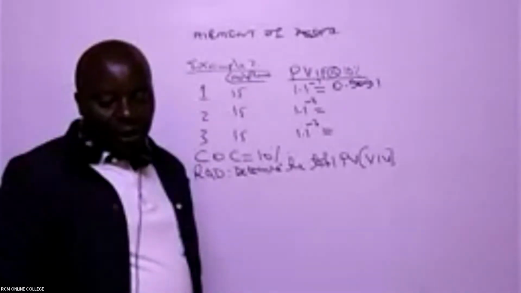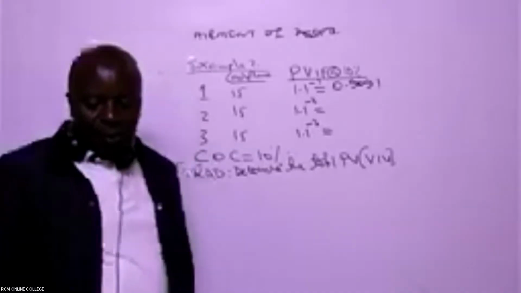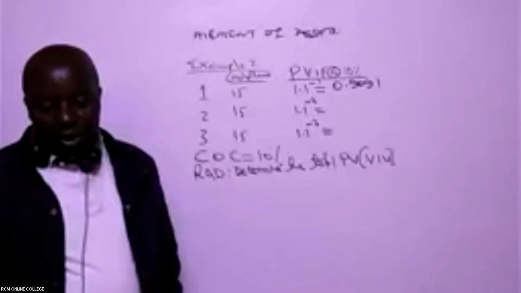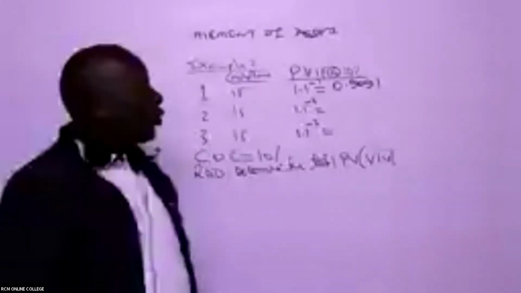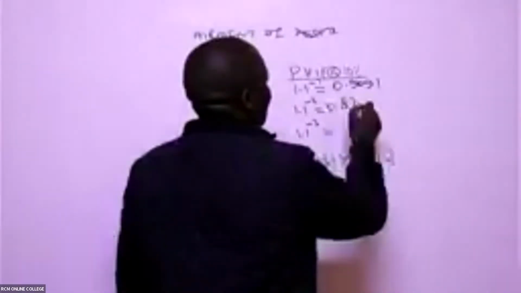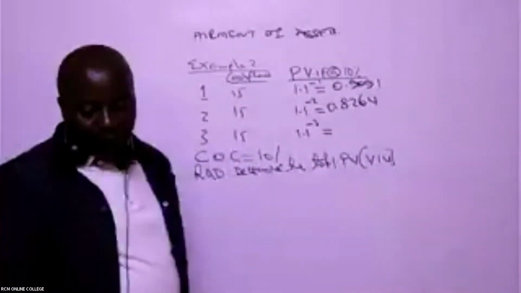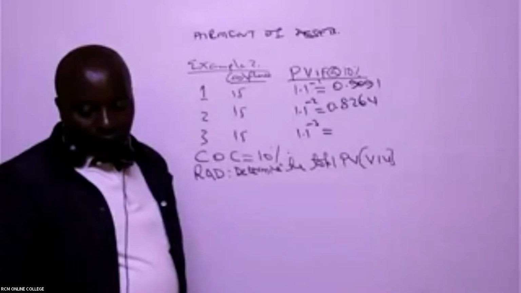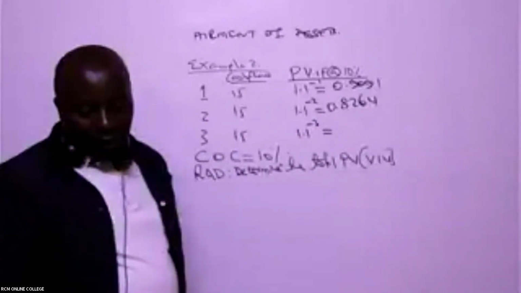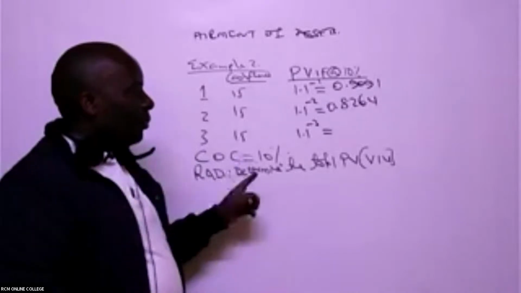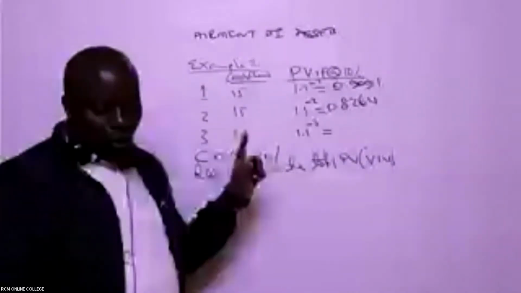I hope now you are able to hear me much better because I can see it is now up and running. 0.8264. How about the third one? The third one, because we're using here 1.1 raised to -n.